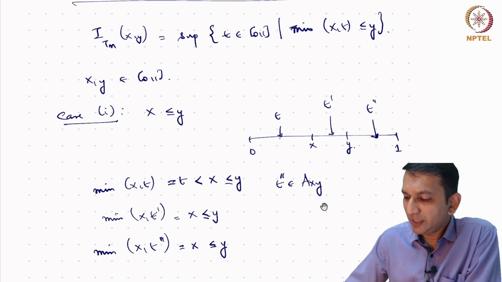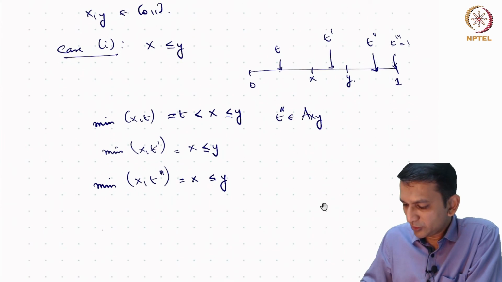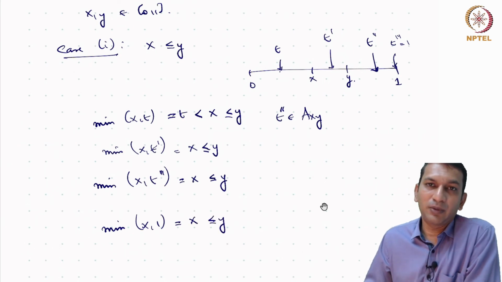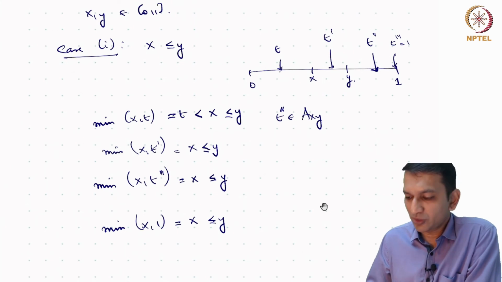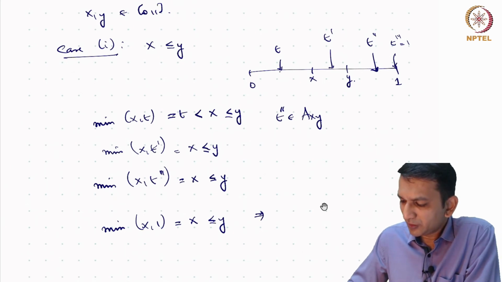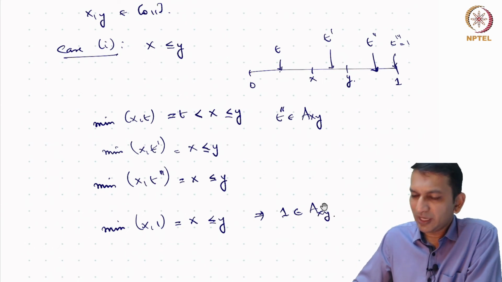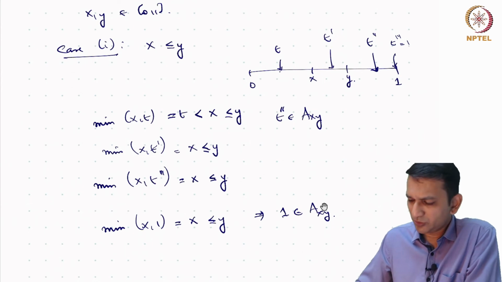Now how far can we go here is the question. Now t dash, we can actually push it till 1. Why? Because look at this, minimum of x comma 1 is actually equal to x, and it's always under the assumption that x is less than or equal to y, which means 1 also belongs to AXY. But we know that if a t belongs to AXY, then everybody below t also belongs to AXY.